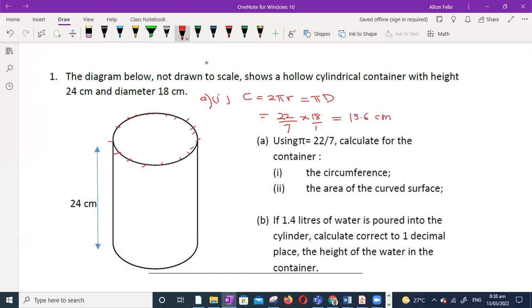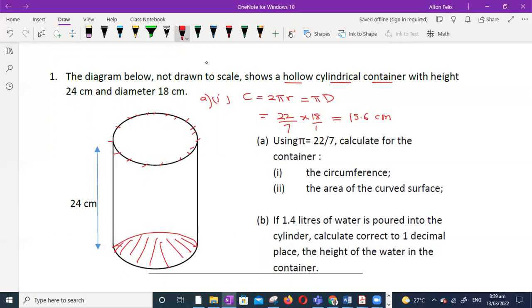Okay, so when you're looking at the surface area, now they did say it is a hollow cylindrical container, right? So the assumption is there may be a base. So we need to find this area below here.